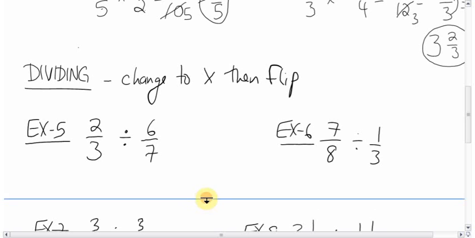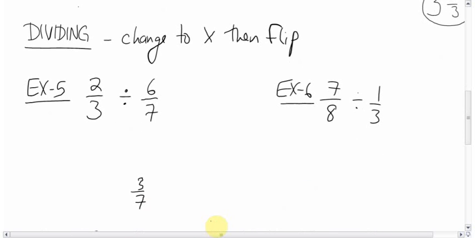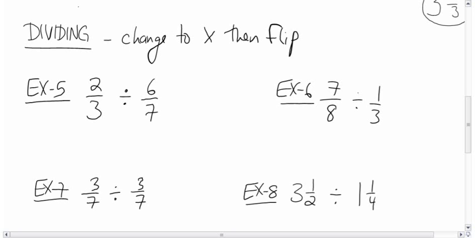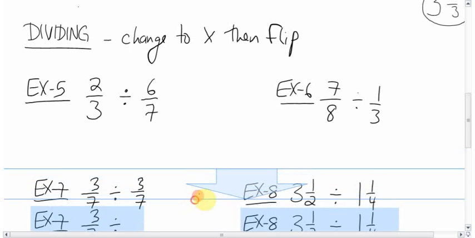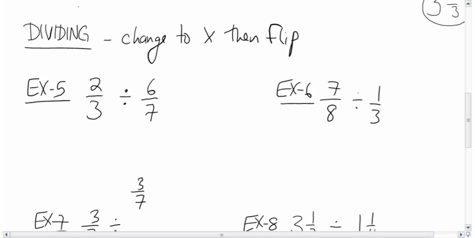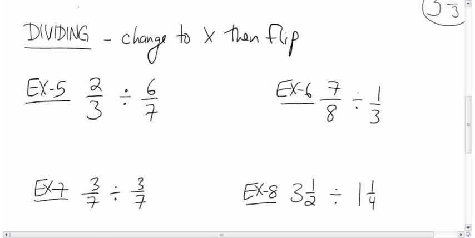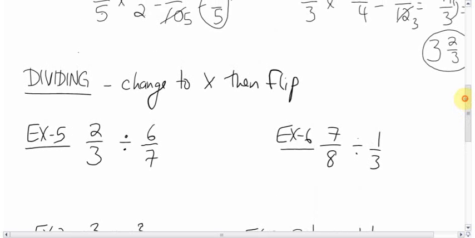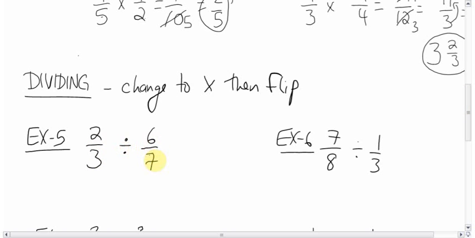So let's take a look at how we do this question. 2/3 divided by 6/7.